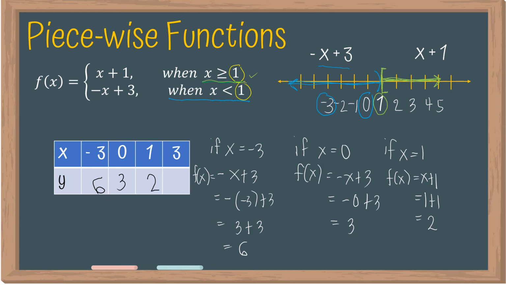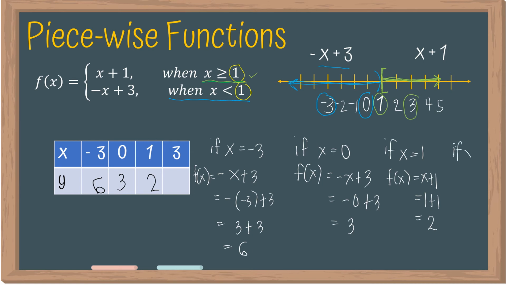And for the last one, we have here positive 3. Hanapin natin siya. So, si positive 3, eto siya. Dito siya sa ating first subfunction. So, we will be applying this subfunction again, x plus 1. Let us solve for y, or for f of x.